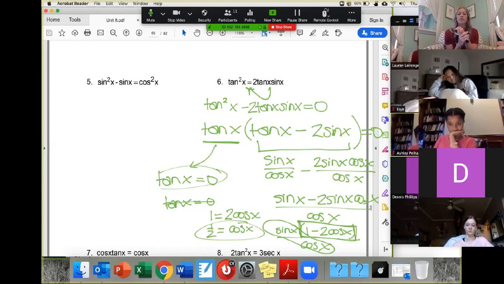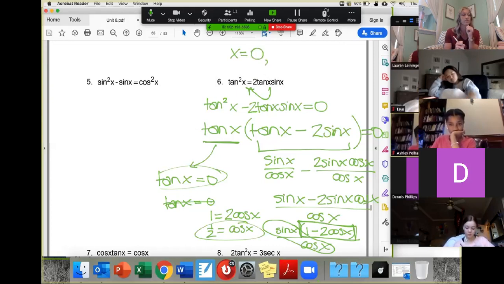So now those two things that I've circled are what I'm worried about. Where is tangent equal to 0? And where is cosine equal to 1/2? You can do this question other ways. This is just kind of how it came to me right now. I'm sure there's other ways to do this one. So tangent is equal to 0. If I look at my chart, tangent is going to be equal to 0 at 0.